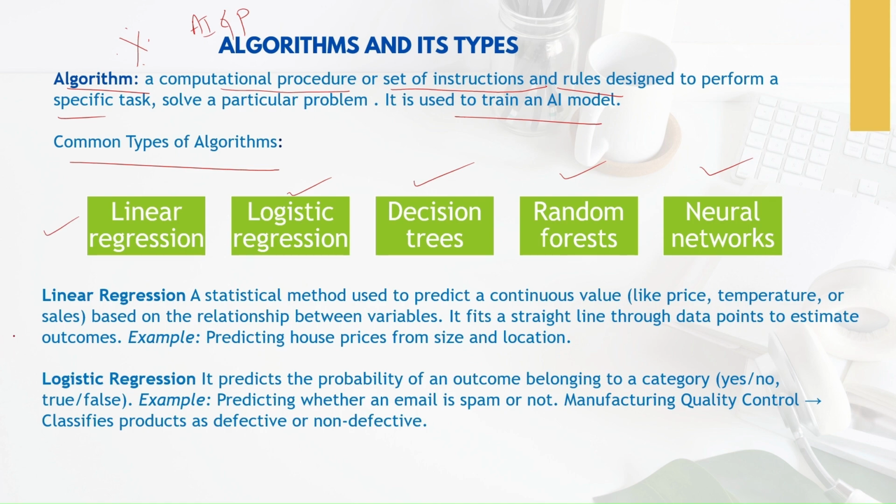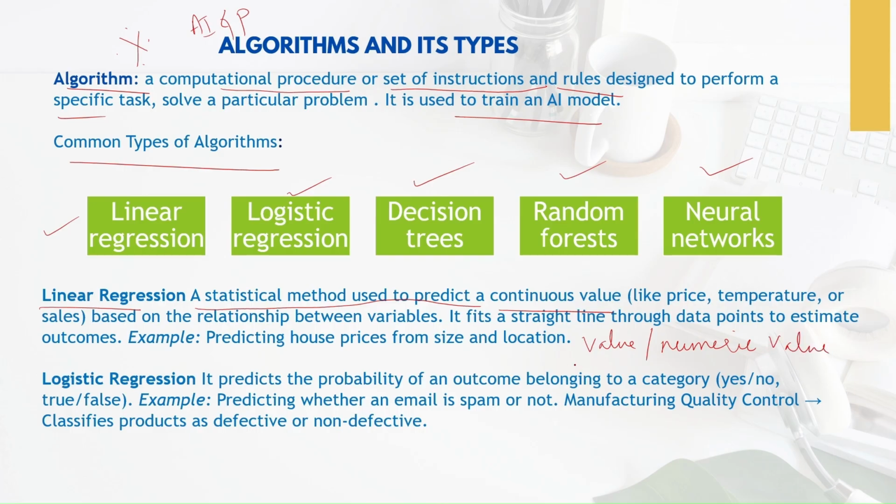Let's understand what is linear regression. It's very simple. It is a statistical method which is used to predict a continuous value. See, whenever there is any value or any numerical data that has to be predicted, consider it as a linear regression algorithm.